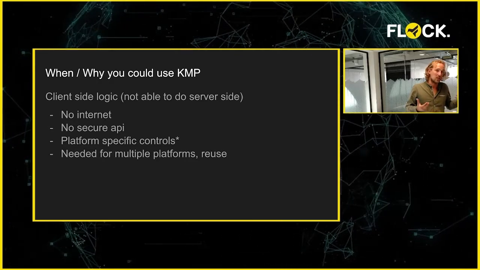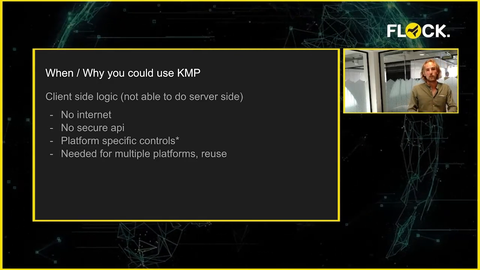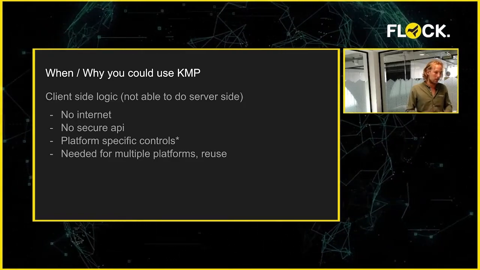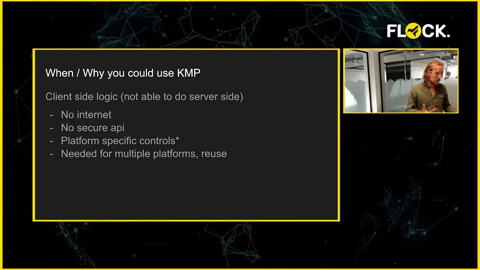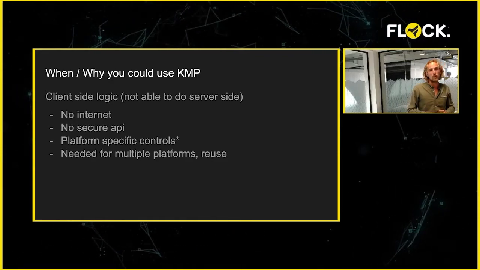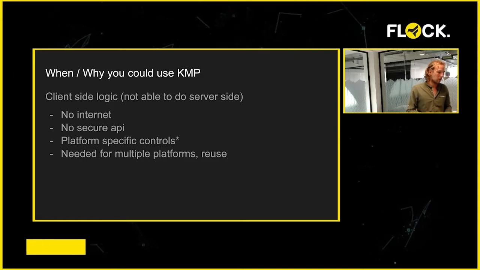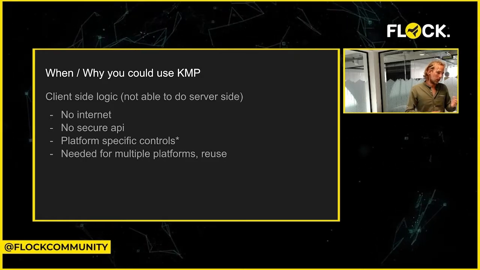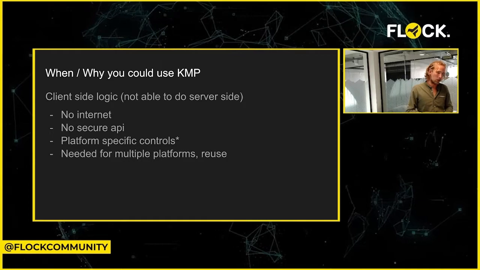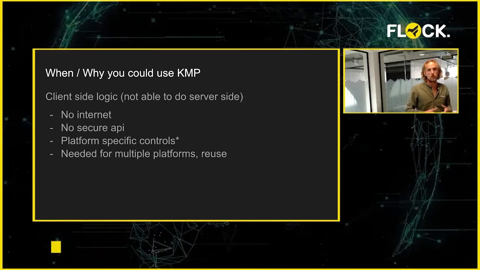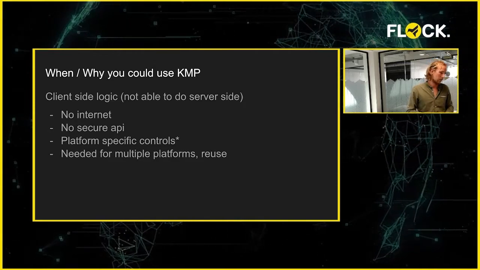So it could be a case that you don't have internet, so you can't actually access a server somewhere. Well, then it makes sense to start using KMP. Maybe there's something security related, which you can't really do from a common perspective, but is really platform bound, then those are essentially your platform specific controls. So how do you interact with the file system and stuff? That's of course very specific for the platform.